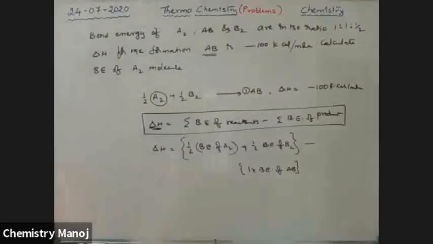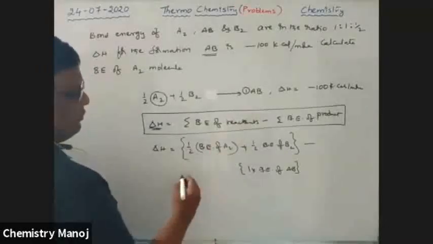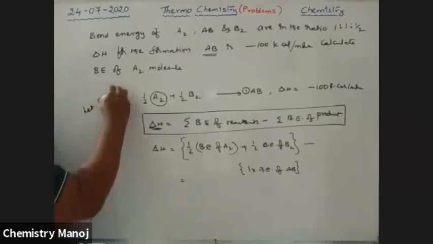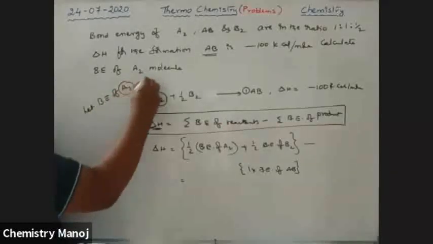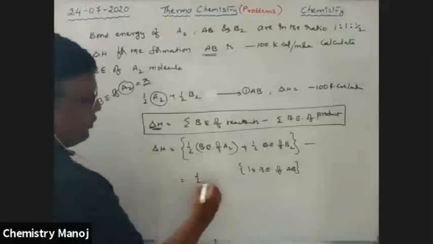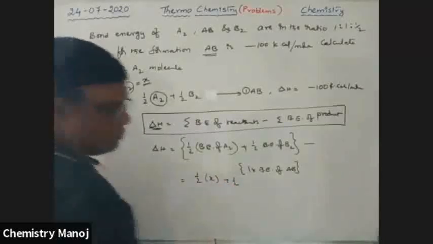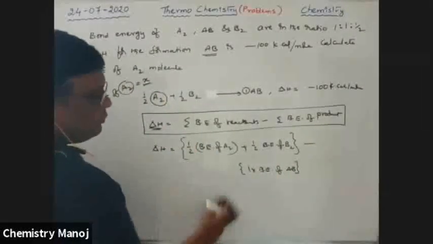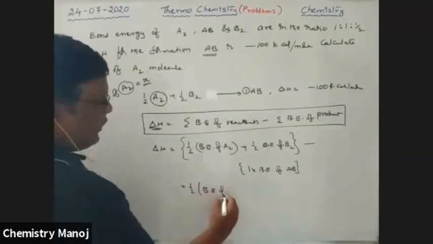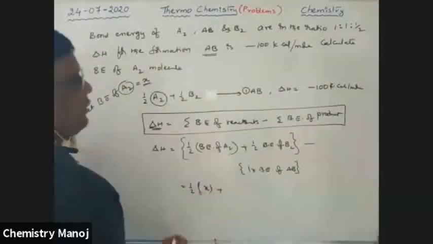Let the bond enthalpy of A2 be X. So half into bond enthalpy of A2, which is X, plus half into bond enthalpy of B2.